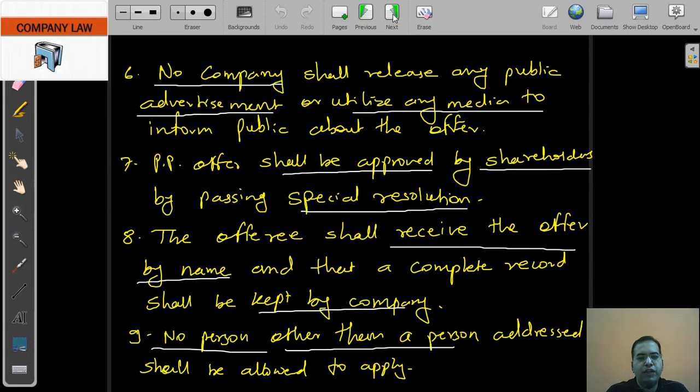No advertisement, because it is not made to the public. All these points are important. If the question is asked in the exam, then you should be in a position to write down this answer.